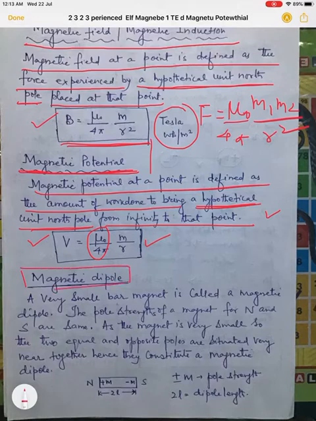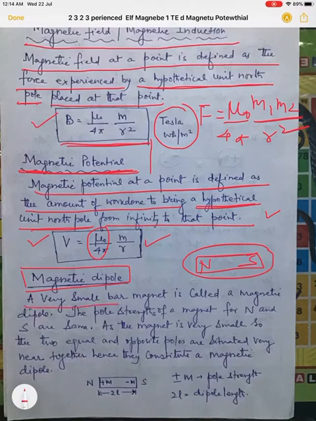Now the next term is magnetic dipole. So a magnetic dipole is a small bar magnet only, because every bar magnet has two poles, north pole and south pole. So a magnetic dipole is nothing but a small magnet.